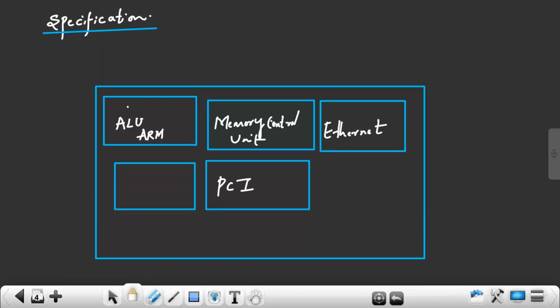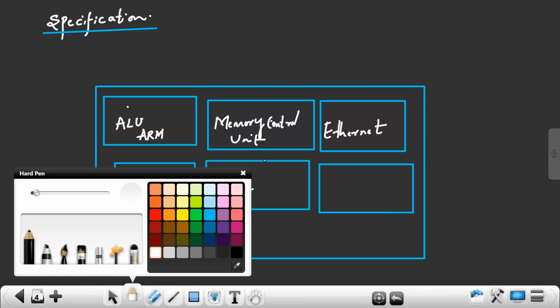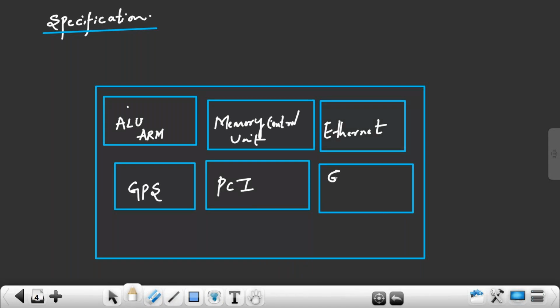This is the GPS controller module. Then, if you have any memory compression techniques like JPEG, MPEG, and you are going to implement them, then those modules. So what are the different hardware blocks required in an IC?